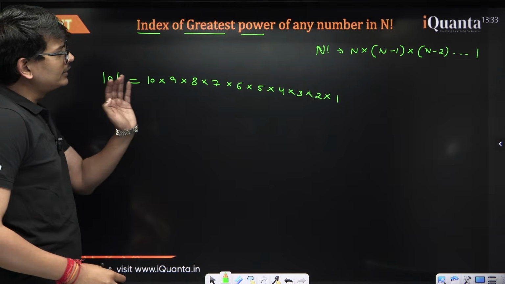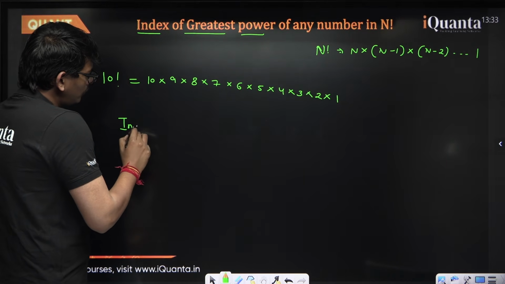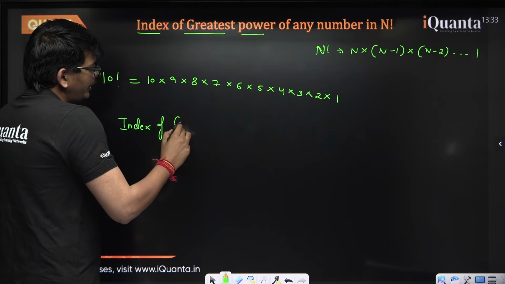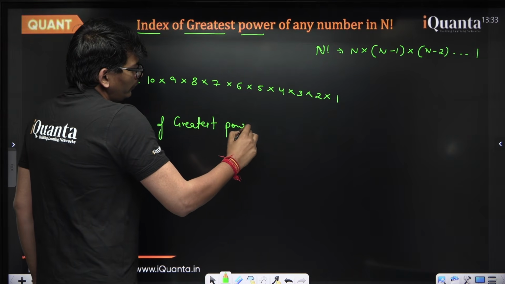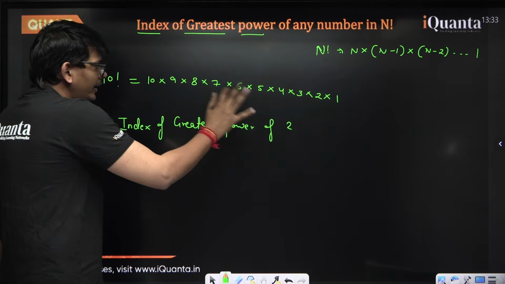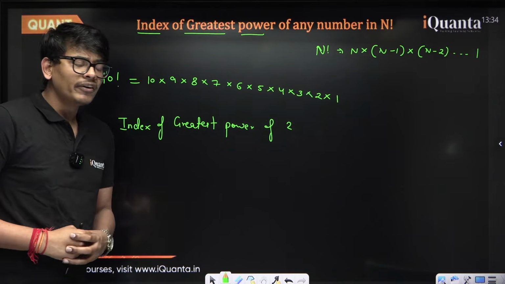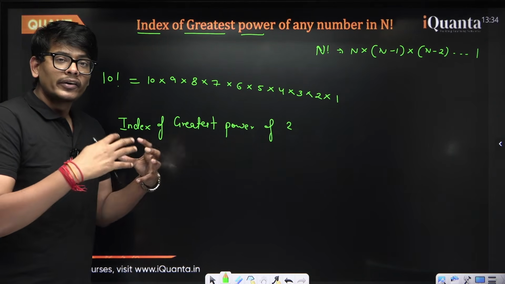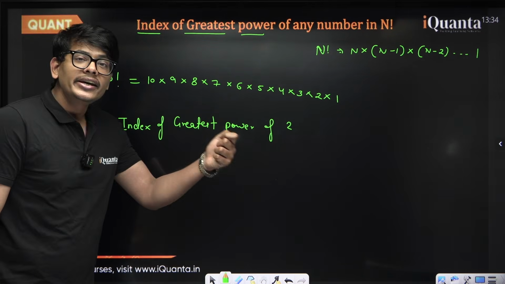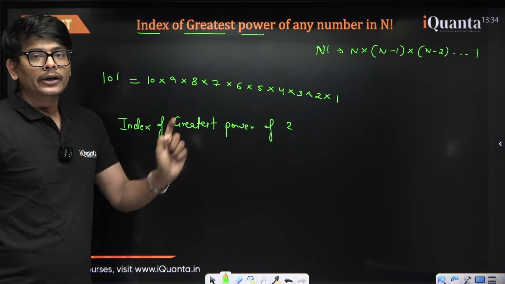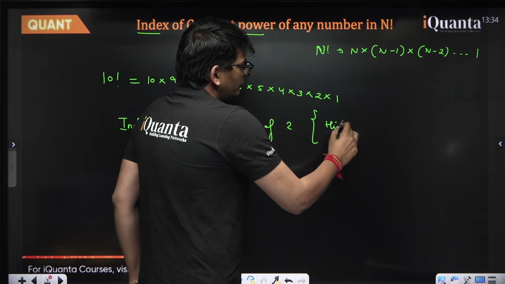Now, index of greatest power. If I ask you the index of greatest power of 2 in 10 factorial, it simply means when I simplify 10 factorial and break it in the form of powers of 2, what will be the highest power of 2 in this particular factorial?